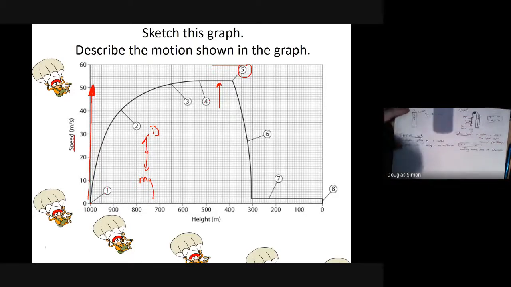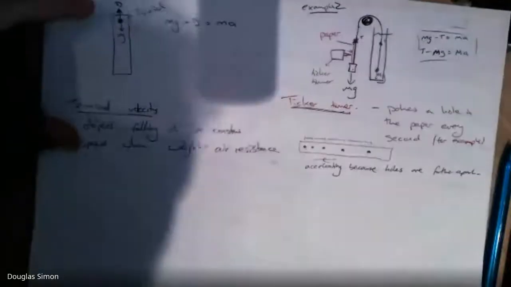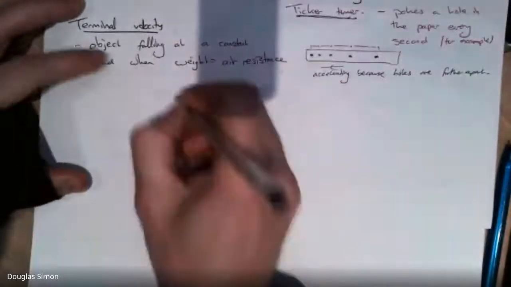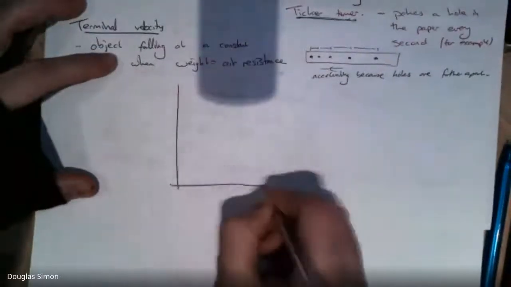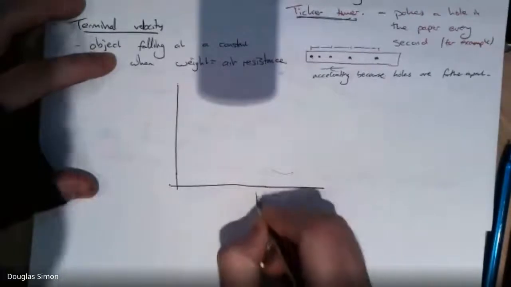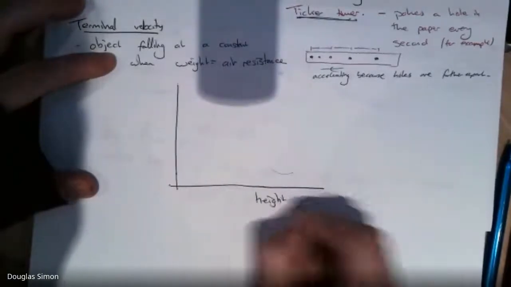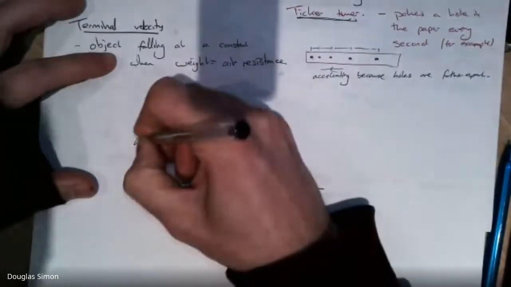I think what we might do is just do a couple of quick notes on this. So if you pin my screen again. So we've got height and we've got speed.